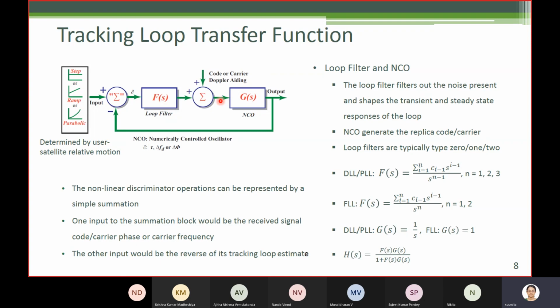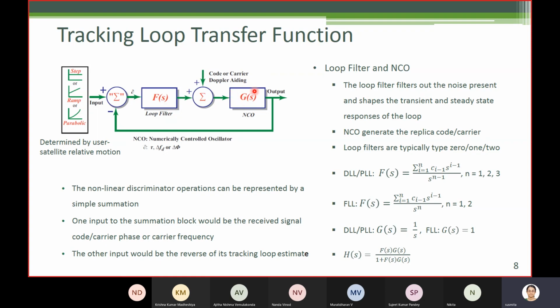The input is some frequency correction. How about the output? If we are doing code phase tracking, the output has to be code phase. If you are doing carrier phase tracking, then also the output has to be phase. So input is some frequency correction, output is phase. We know that frequency is the derivative of phase.